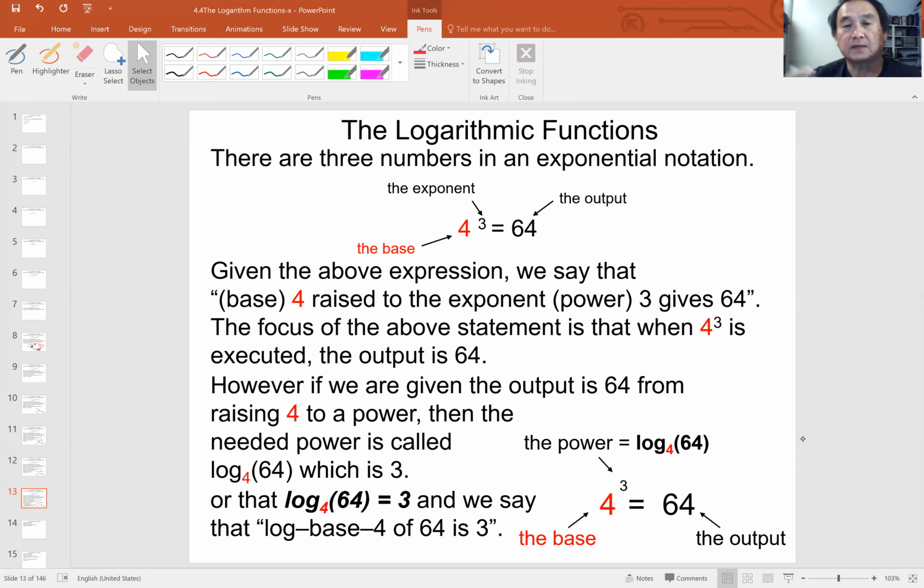It's the size of the units, if you like. And then we say this log in base 4 of the number 64 is 3, the exponent needed.